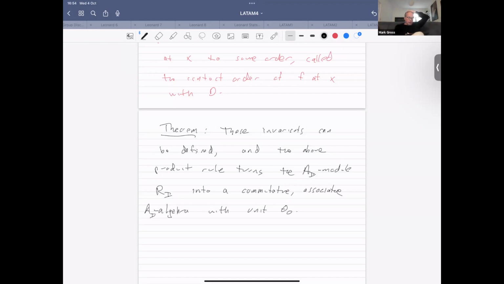So this is a 2019 paper of myself and Siebert.